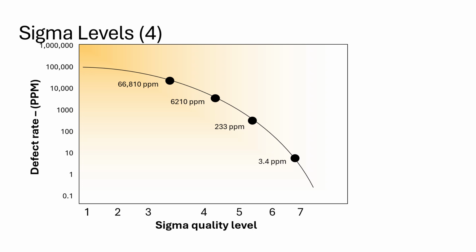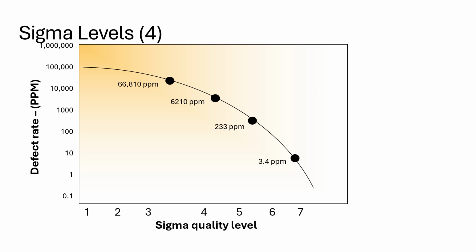So remember the rear view mirror example I gave you? If a manufacturing company assembly line were to produce 1 million rear view mirrors at a 4.5 sigma quality level, 6,210 of those mirrors would be defective.